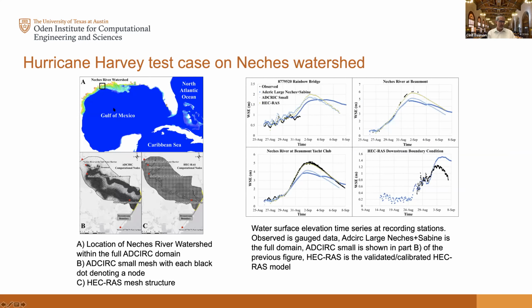Okay, so again, this is the Neches River watershed. This is what the actual bathymetry looks like in this region. On the left is the ADCIRC finite element mesh that we used with the variable resolution in the channels and over the floodplain.